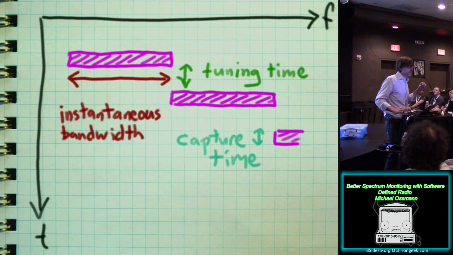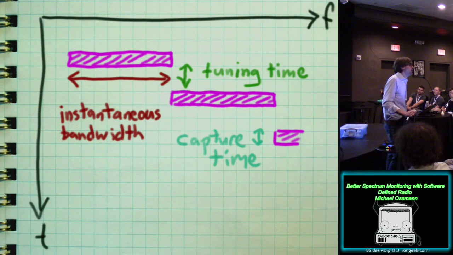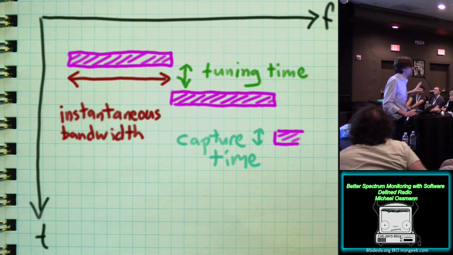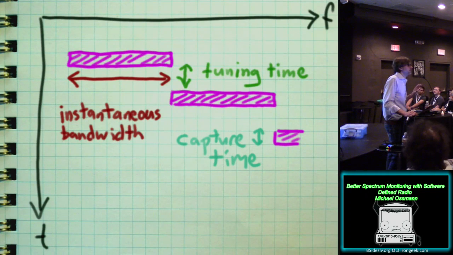But I've been experimenting a little bit, and I don't have any amazing results to show you, but I can say that the tuning time that I'm getting, out of the box with HackRF, without having really optimized in any way, if I do it on the microcontroller instead of over USB, is a worst case tuning time of about 750 microseconds, which is considerably less than I can get over USB.